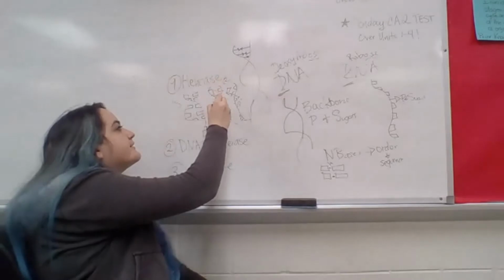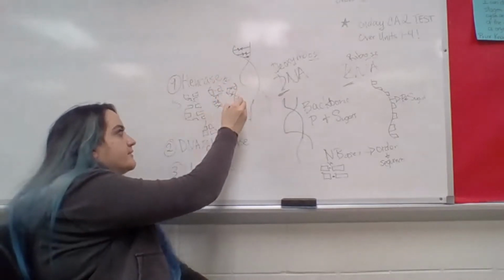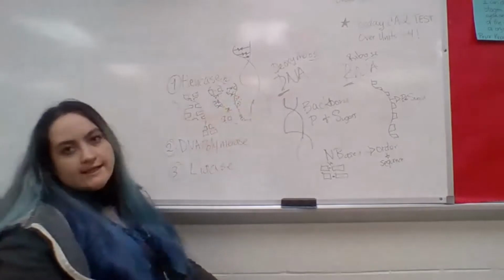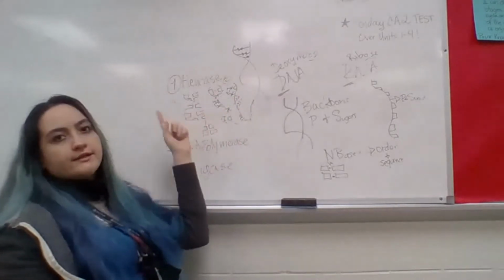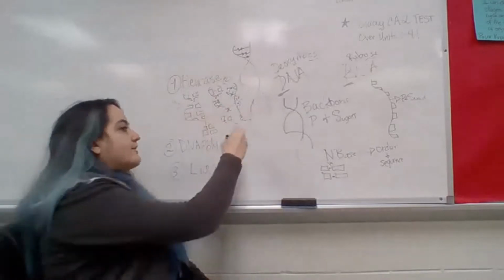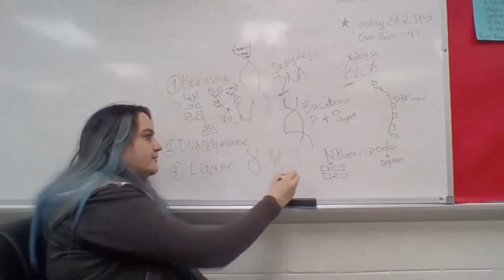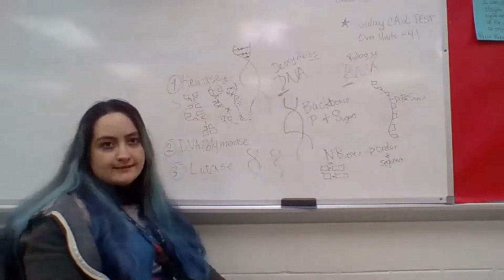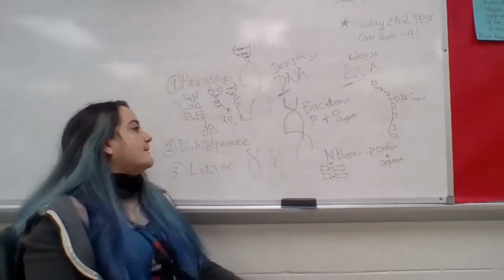So it's going to add those bonds in between the nucleotides, and that's going to seal 2 different DNA strands. And so now we went from having 1 strand to having 2 full strands. So now what we have is 2 double helixes that are exactly identical. I know my drawing's not identical, but you get the gist.